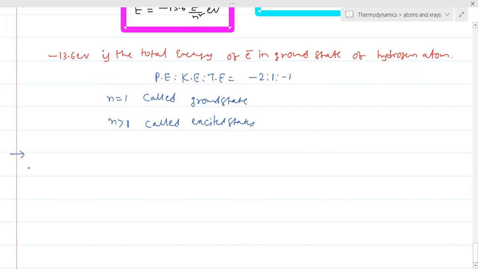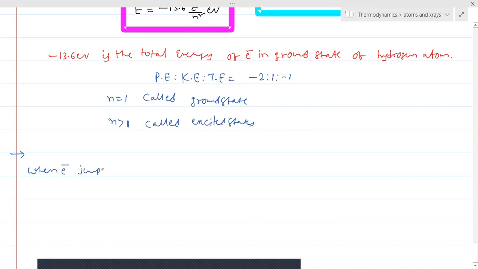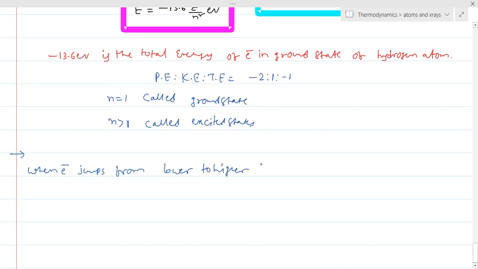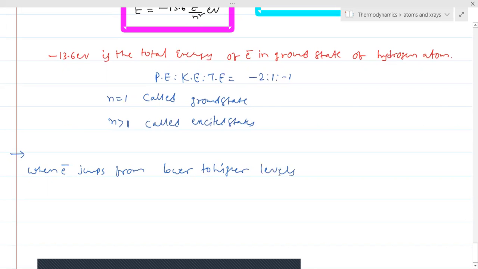Suppose somebody asks, when the electron jumps from lower to higher energy levels, what happens to the velocity, the radius, the total energy and the potential energy? So first we think of the relations. Later we will discuss this.